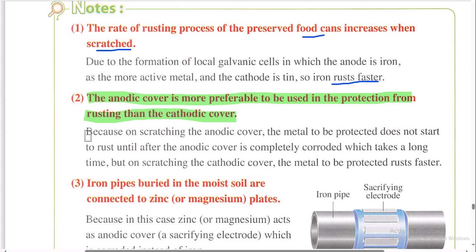Then the metal that we want to protect is not corroded until all the anodic protection cover is corroded and consumed completely. But on scratching the cathodic cover, the metal that we want to protect corrodes first.